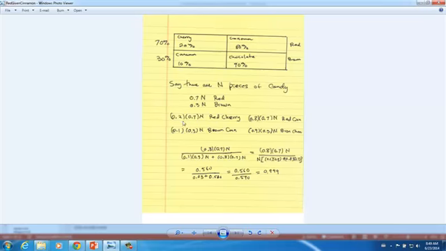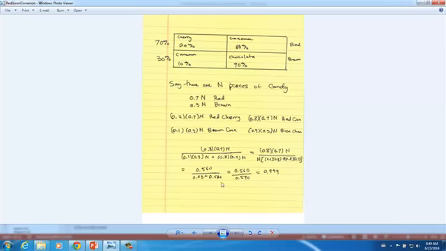So 0.2 times 0.7 times n is red and cherry, and then 0.8 times 0.7 times n is red and cinnamon, and 0.1 times 0.3 times n is brown and cinnamon, and 0.9 times 0.3 times n is brown and chocolate.